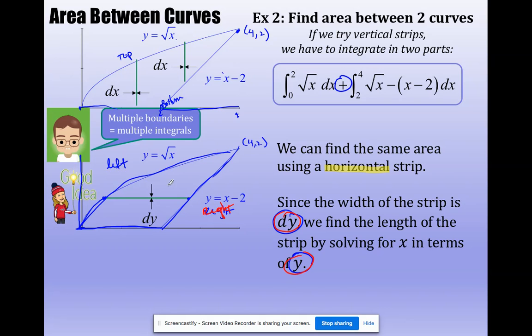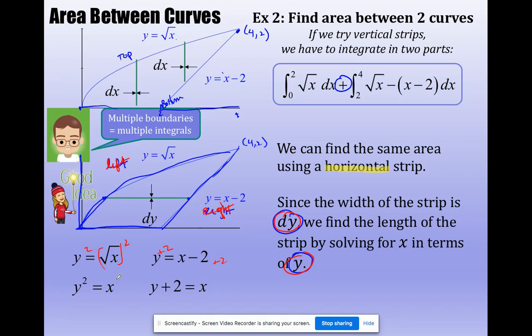Make that red to make it different. So if y is equal to the square root of x, I took algebra 1 and I paid attention. I can just square both sides, can't I? If y is equal to x plus 2, can I just add 2 to both sides?